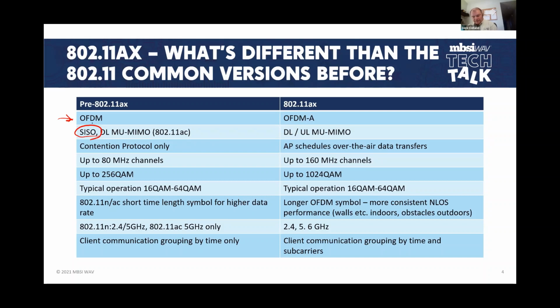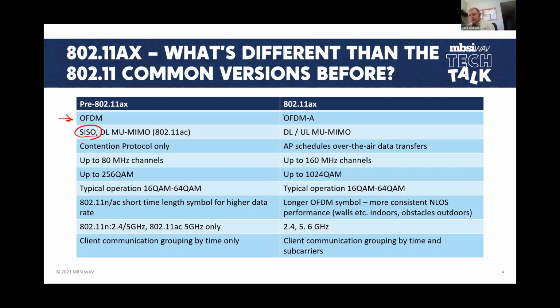But because it's OFDM, the entire stream is dedicated to the communication with that one client. So I can have 2 or 3 clients in 802.11ac, depending on how many multi-user MIMO modes that I have. And so I increase my capacity 2 times maybe, or thereabouts, with the MU-MIMO.